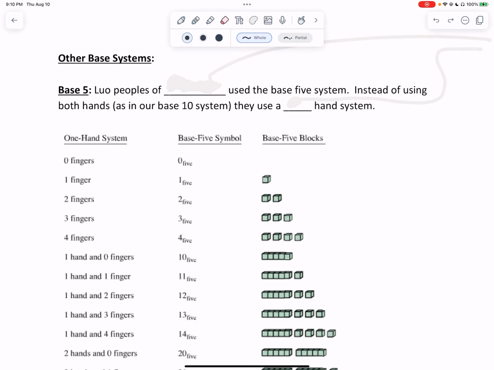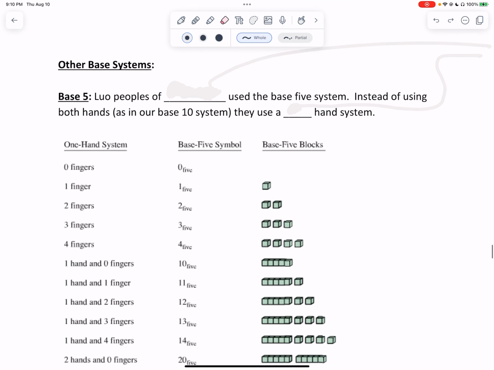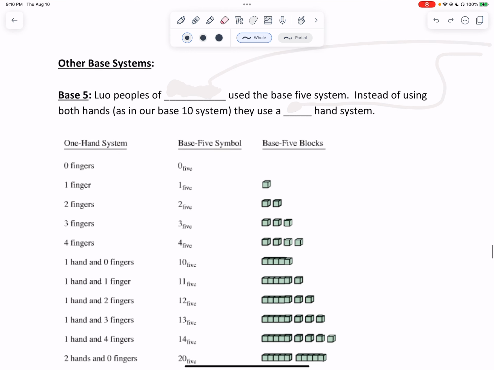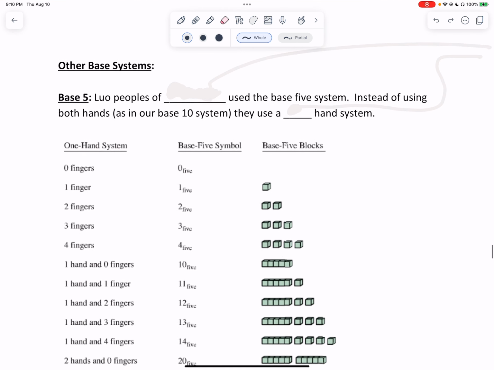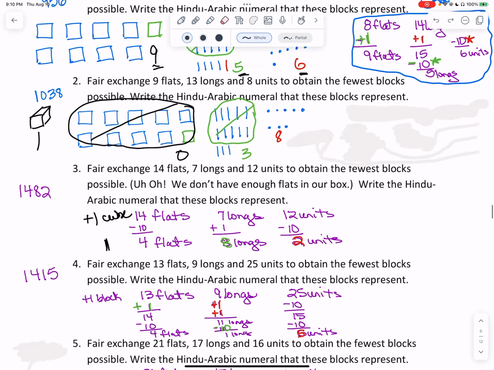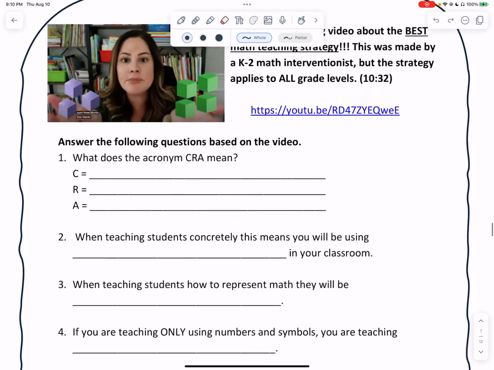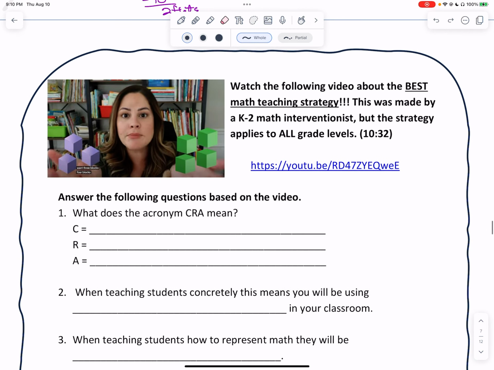The other thing I want to remind you of: remember I said that there are going to be embedded videos within the video. So between the last video and this video, there is a YouTube link.